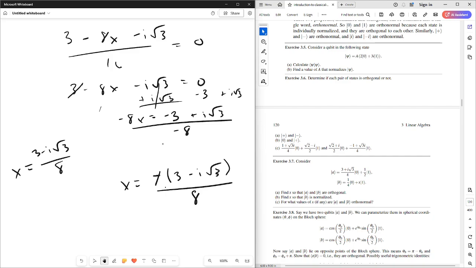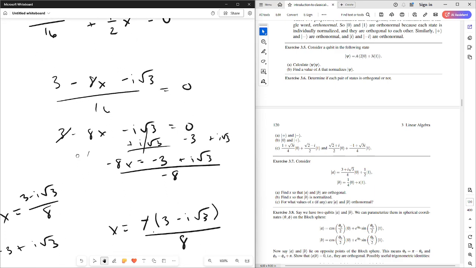So 3.7. They've got minus 3 plus i square root of 3. Where did I go wrong?